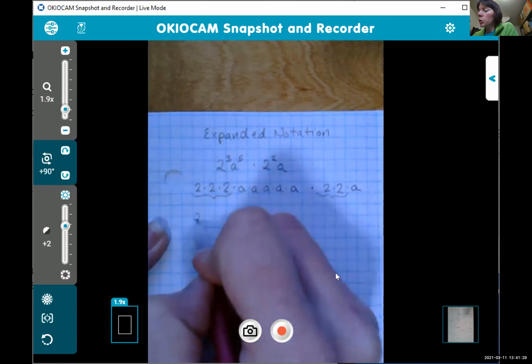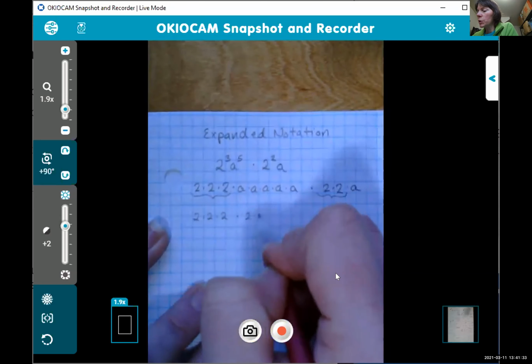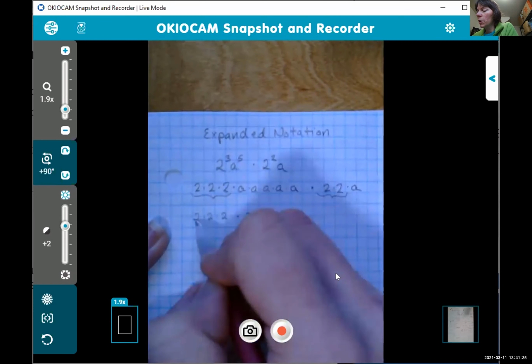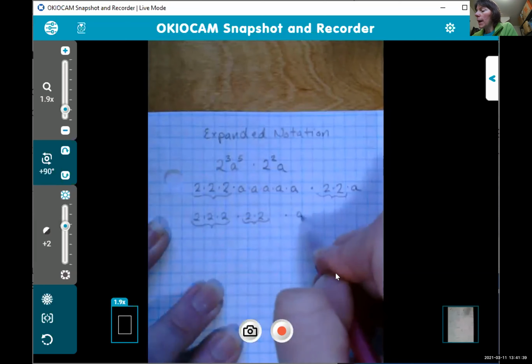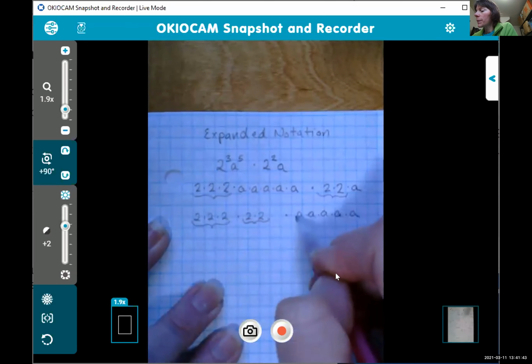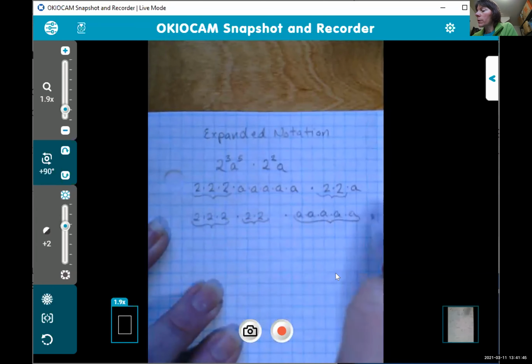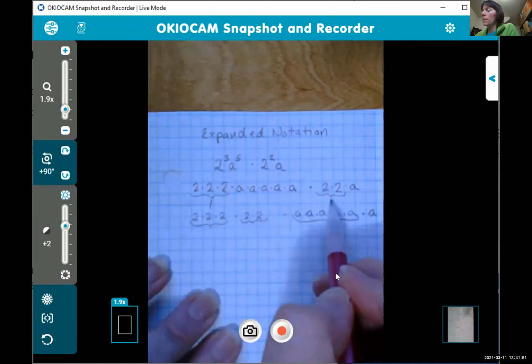So we're going to write 2 times 2 times 2 times 2 times 2, right? So there's 2 and there's 3. And then we're going to multiply a times a times a times a times a. And that was 5 from the first, and there's our other a. Right? You can see where things came from.